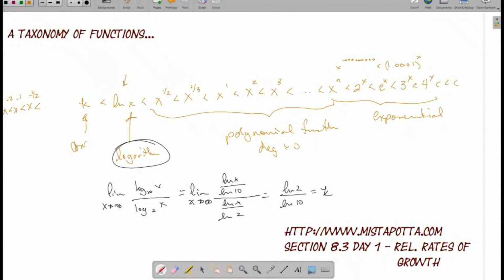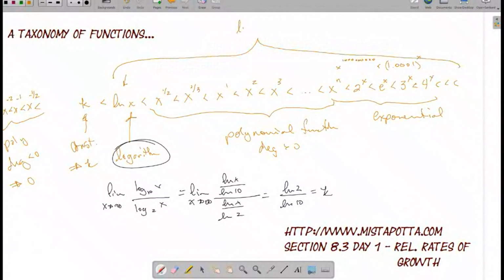And then I've got my constant function. And then I've got my polynomials of degree less than 0. And of course, my constant functions are going to approach a constant value. These degrees which are less than 0 are going to approach y equals 0 as x increases without bound.